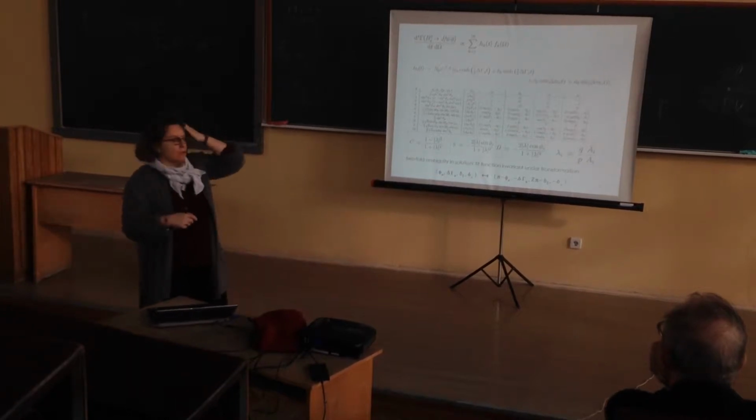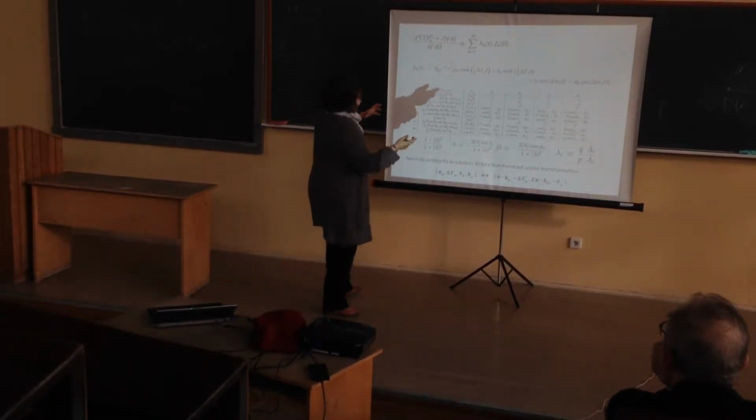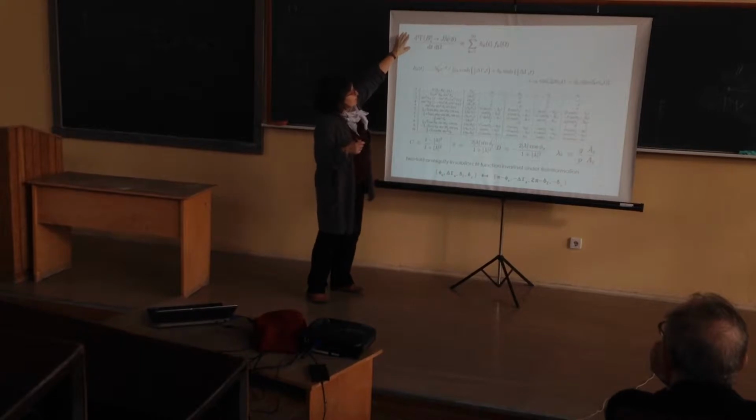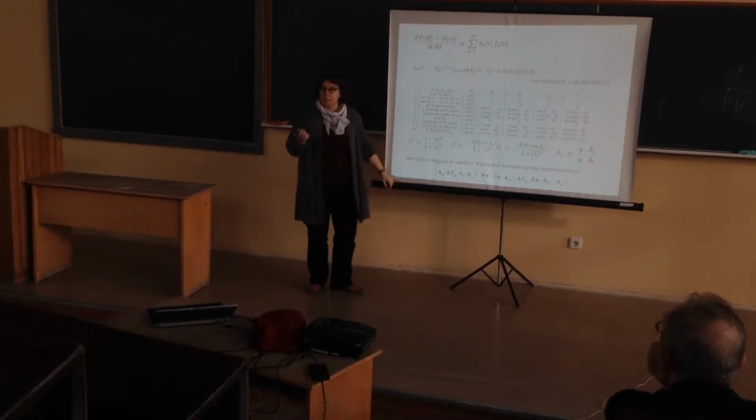If you analyze all this formula and see all the various parameters and write all the PDF like that, you would see that you have a two-fold ambiguity.